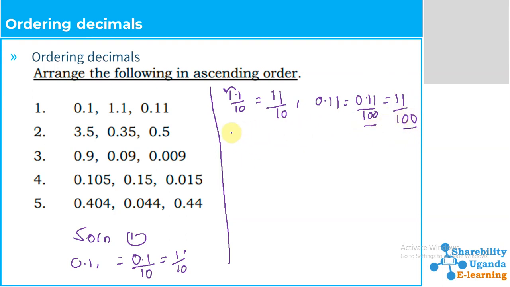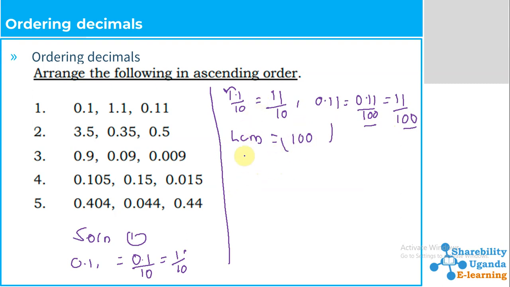So now we look for the lowest common multiple which can multiply or divide these. We have 10, and also 10 here. Which common multiple can divide both 100 and 10? We can choose 100. Our lowest common multiple is going to be 100.